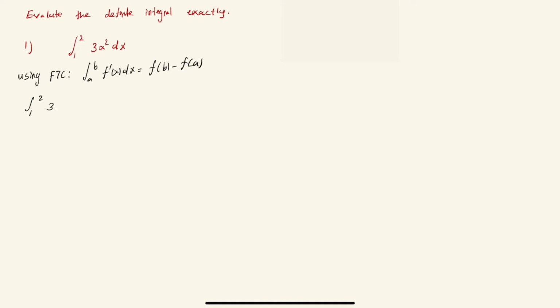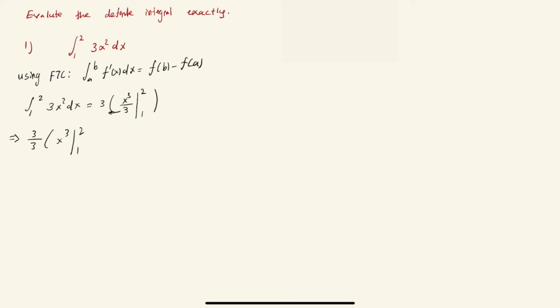Here, the definite integral from 1 to 2 of 3x squared dx is going to be 3 multiplied by the antiderivative of x squared. That's going to be x cubed over 3, evaluated at the limits of the integral. Now I'm going to pull 3 out, so we have 3 over 3, which cancels and equals 1.